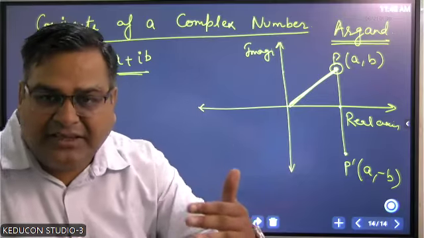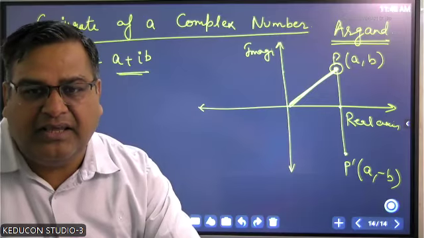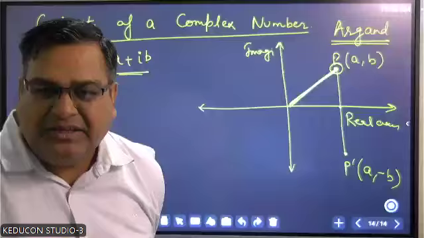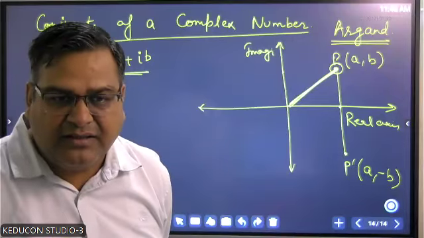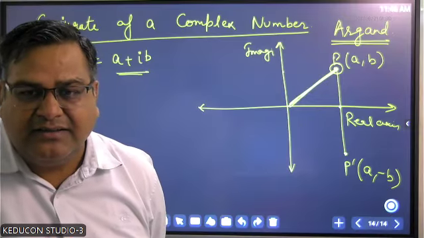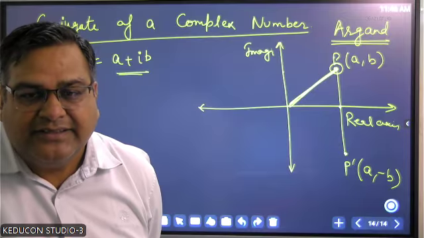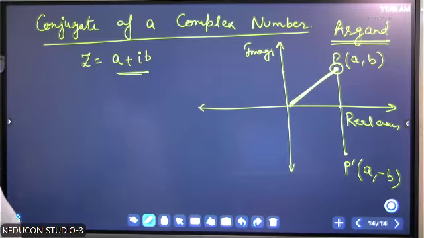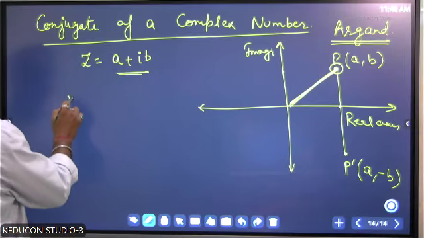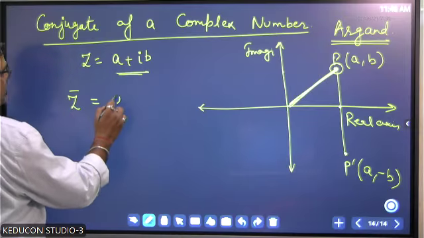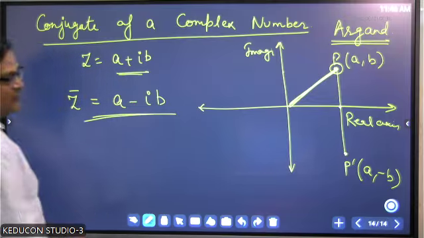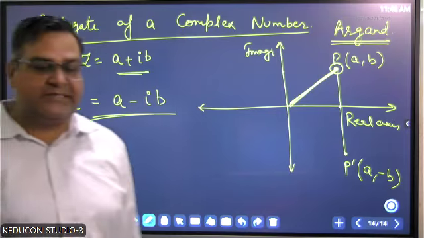If you take the image of the point P in the real axis, it comes out to be a comma minus b. Is this part clear? This point P dash, that is a comma minus b, is nothing but the conjugate of this complex number.